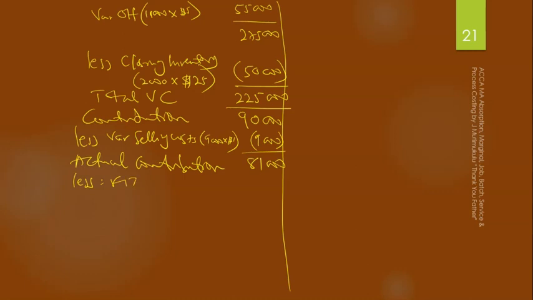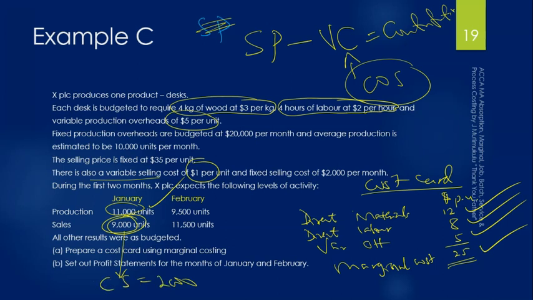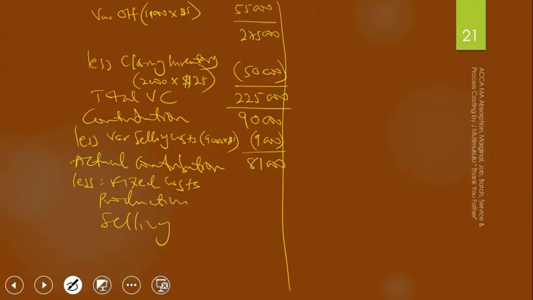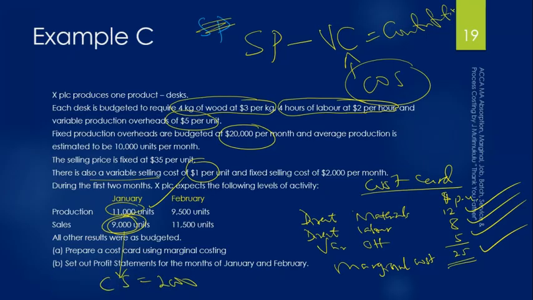All right, then we have to deduct the fixed cost element. We have got production fixed cost as well as selling fixed costs. For the production, we simply use the information from our budget. We were budgeting to have 20,000 fixed costs there, so simply slot in the figure, and then the selling costs are also said to be 2,000 per month, which were fixed.